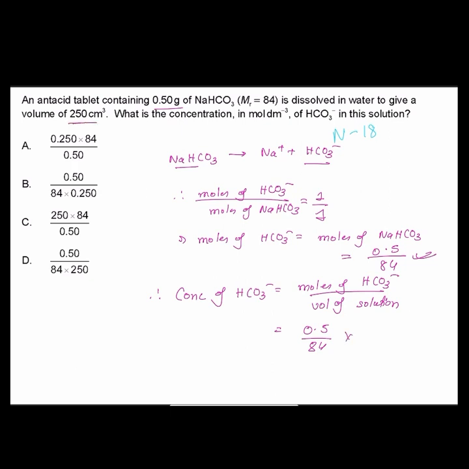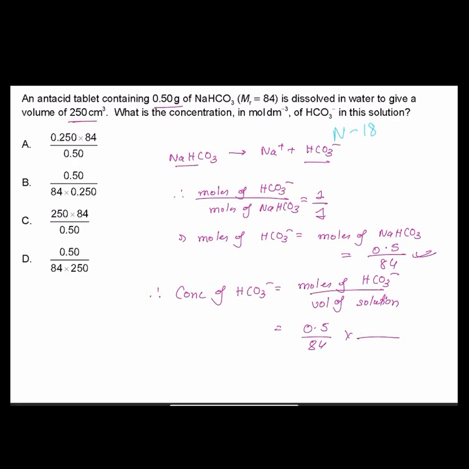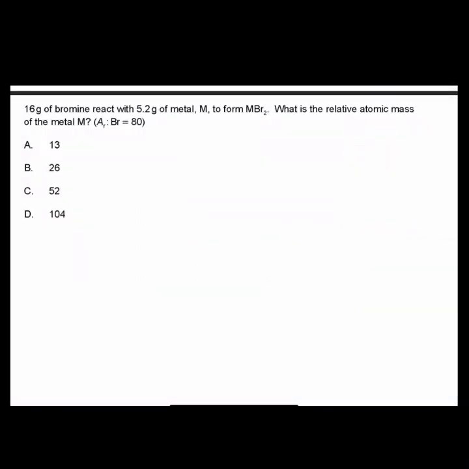Volume of the solution is 250 centimeter cube, but we have to convert it to decimeter cube, so we divide 250 by 1000. To convert centimeter cube to decimeter cube, you divide it by 1000. It becomes 0.25. Finally, the answer should be 0.5 by 84 times 0.25. That is option B, and B is the correct answer to this question.